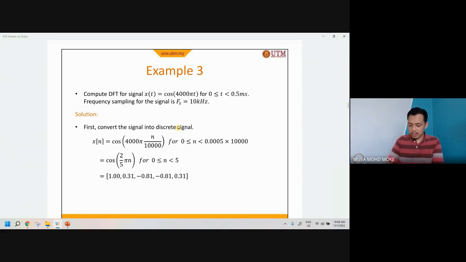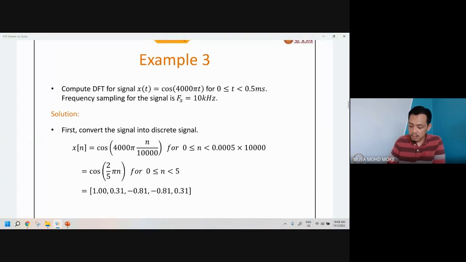What is the relationship? We already know that the relationship is t equals nTs, or of course, n over fs. Because this is a frequency in hertz, and we want a DFT where the frequency is a discrete frequency.